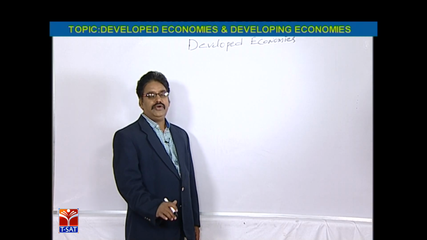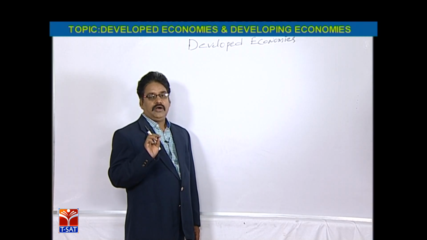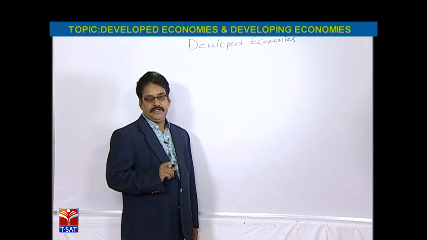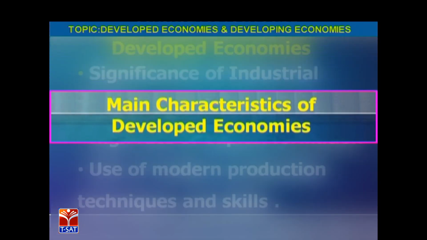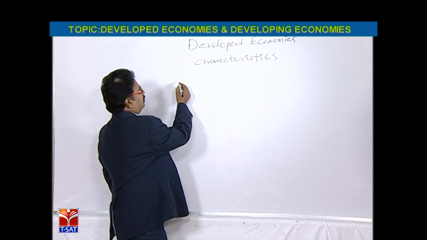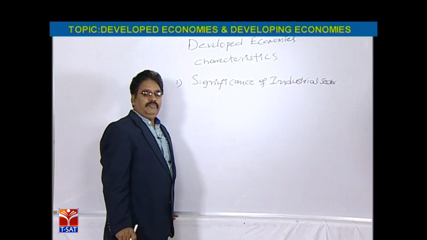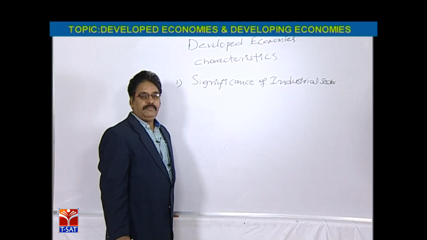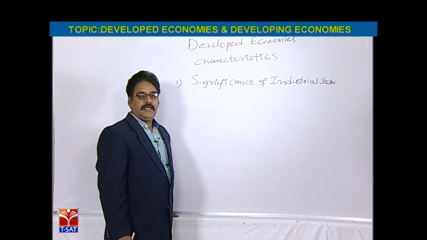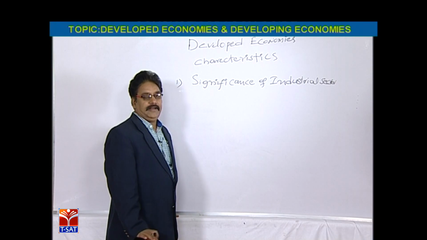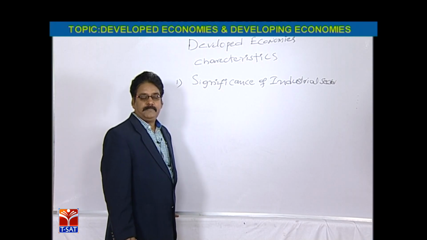Now we are going to the higher income economies, that means developed economies. What are the main characteristics of developed economies? The first one is the significance of the industrial sector. We mainly observe that developed economies concentrate on industries more than agriculture.